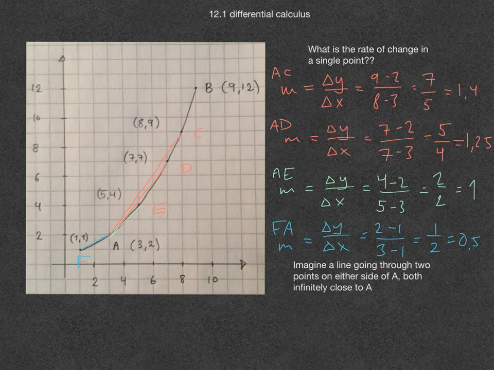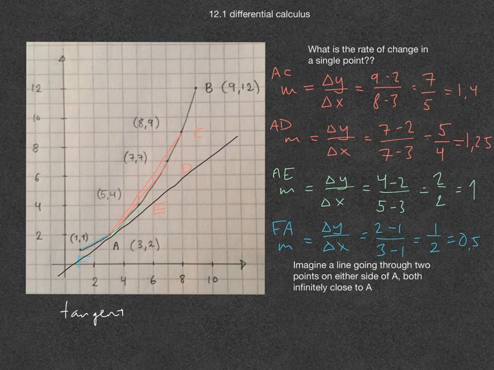Now we could draw points that moved closer and closer to A, and we could imagine a line going through 2 points on either side of A, both infinitely close to A, and this line would be a secant going through 2 points very, very close to A. And this happens to be Leibniz's definition of what we call a tangent.